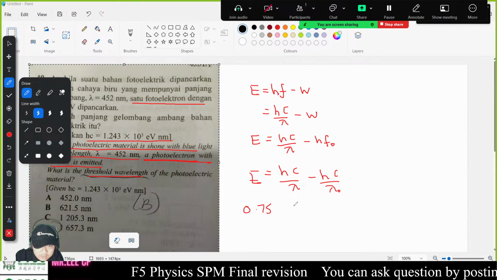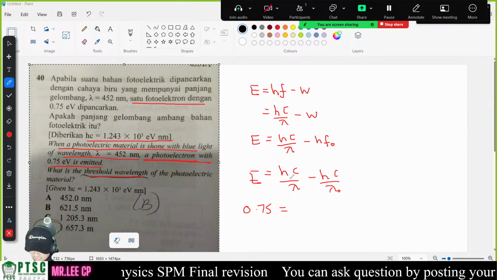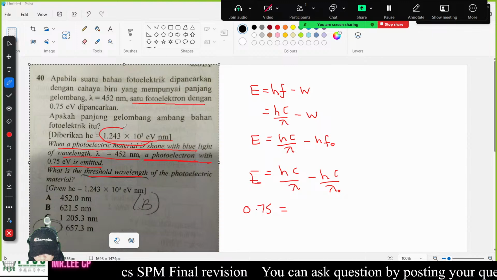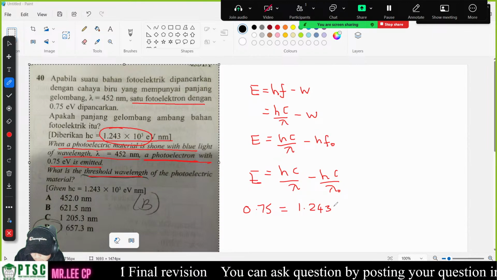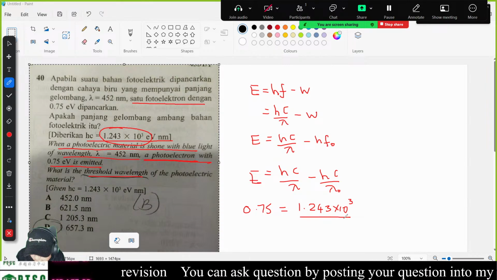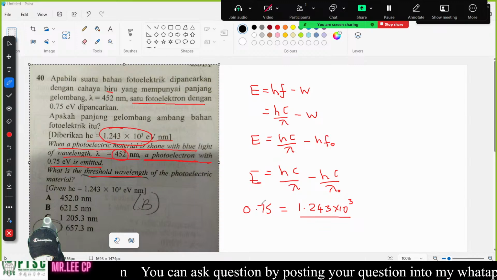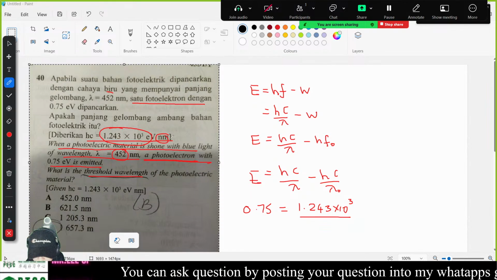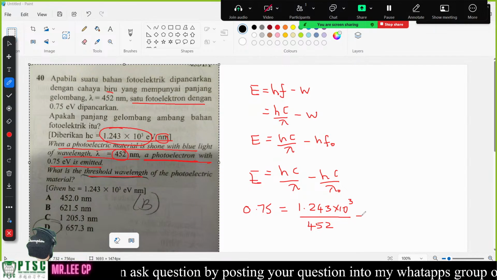So 0.75 equals hc over lambda, where hc is 1.243 times 10 to the 3 over lambda, and lambda is 452 nanometer. Because it is in nanometer, you don't need to change 452.